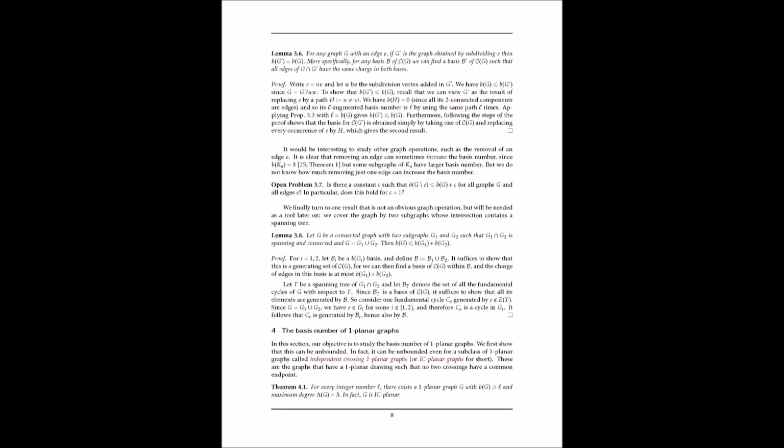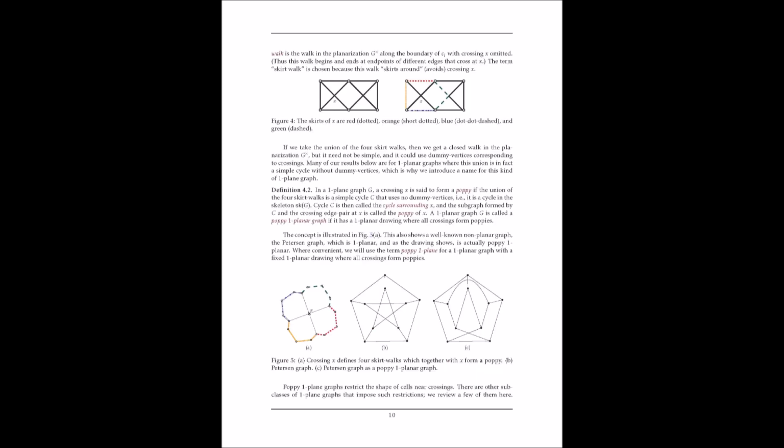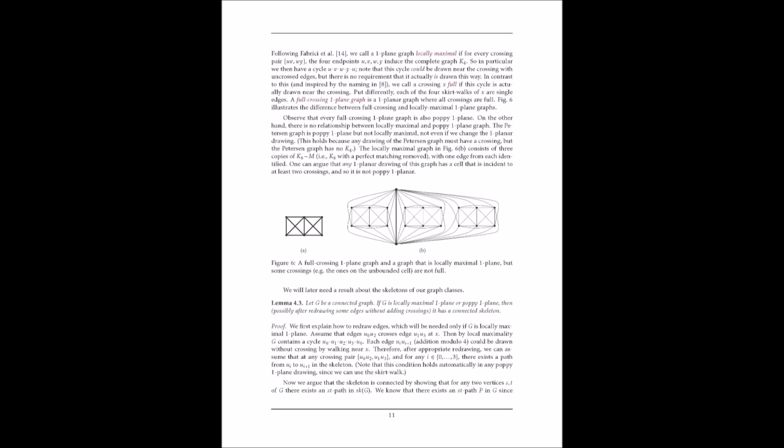Specifically, they show that there's a basis where we can assign a charge of 1 to 2 of the skirt walks, and a charge of 2 to the other 2 skirt walks. All other edges in the poppy have a charge of at most 3. So we're carefully distributing the workload among those skirt walk edges, giving some of them a lighter load, charge 1, and others a slightly heavier load, charge 2. And crucially, all other edges within the poppy have a charge of at most 3.